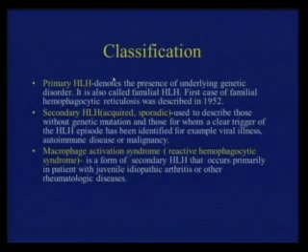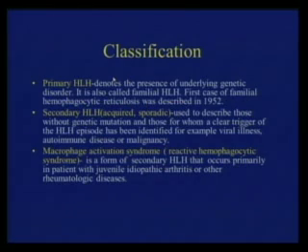Coming to classification, primary HLH. A syndrome exactly like that can present in people who have a defective innate immune system, and it presents at a very young age, in infancy, in young children, and that's called primary or familial HLH. The first case of familial hemophagocytic reticulosis was described in 1952, so the history dates back to the 1940s and 50s.